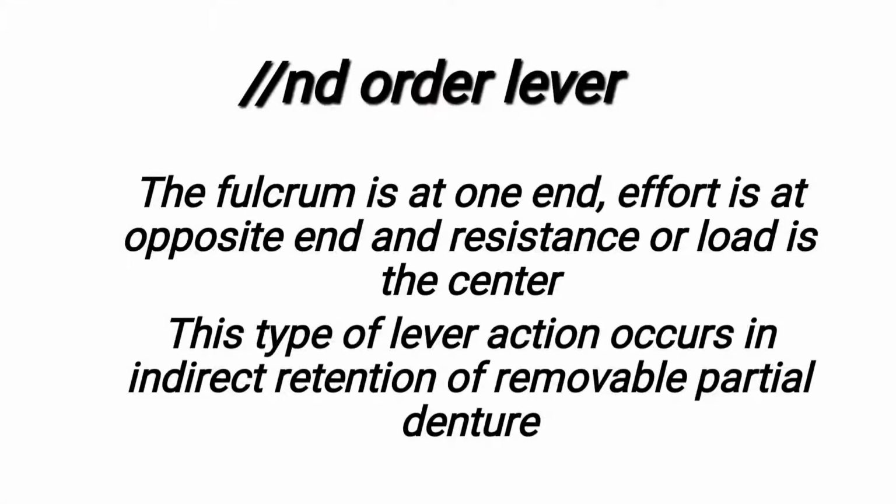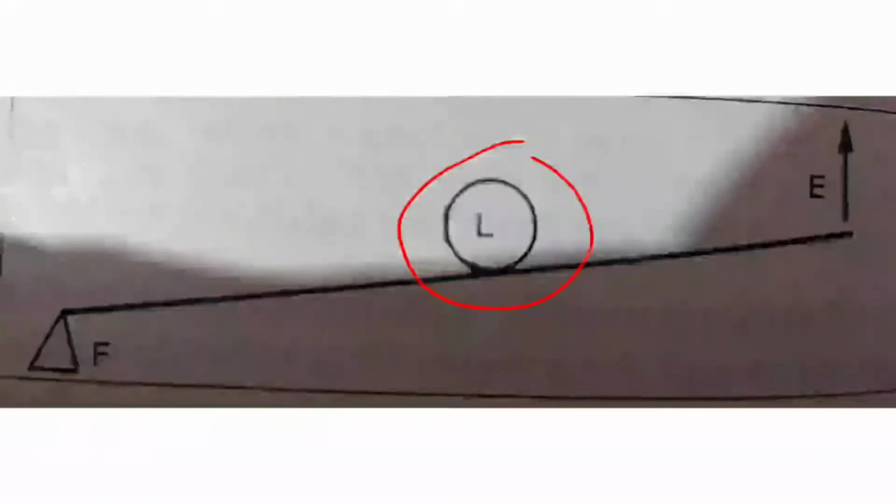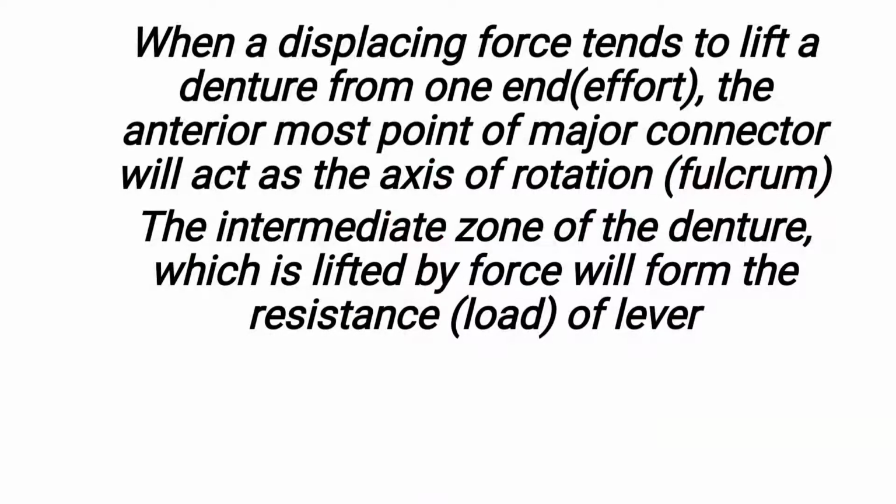Now, the second order lever: the fulcrum is at one end, effort is at the opposite end and the resistance or the load is in the center. This type of lever action occurs in indirect retention of the removable partial denture. When a displacing force tends to lift a denture from one end, that is effort, the anterior most point of the major connector will act as the axis of rotation, that is the fulcrum.